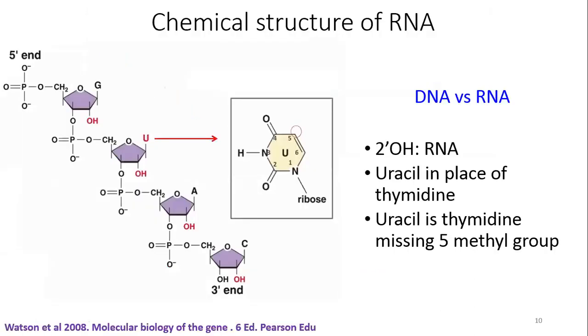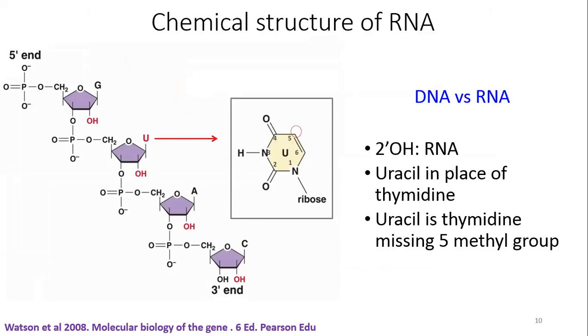Okay, so now let us talk about the chemical structure of RNA. Of course, this is going to be a nucleic acid. That means it would contain a backbone, and this backbone would be attached to a base, right? What we call a purine or pyrimidine base.